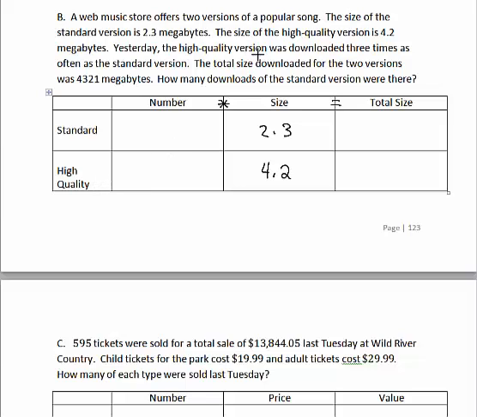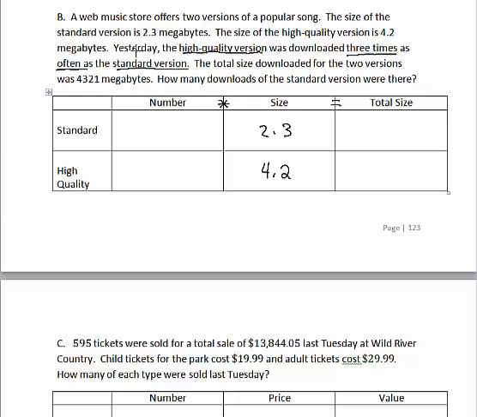Okay, the only place where we were referred to the number was this phrase, 3 times as often. So the high quality version was downloaded 3 times as often as the standard version.